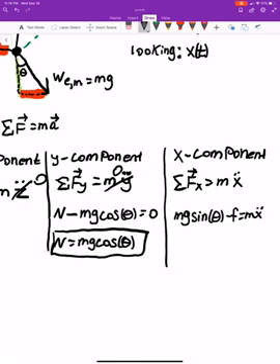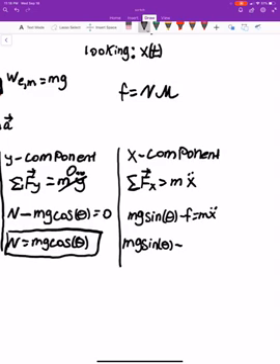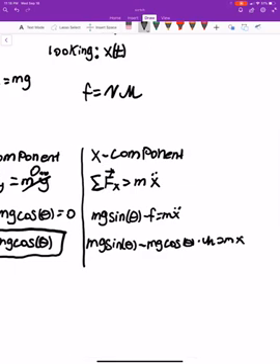But we know the force of friction is the normal times mu. So it's really mg sine theta minus the normal, which is mg cosine theta, times mu equals mass times the second derivative.